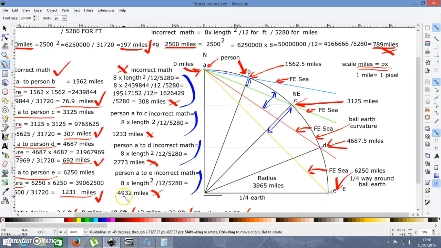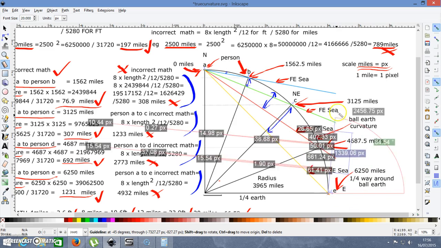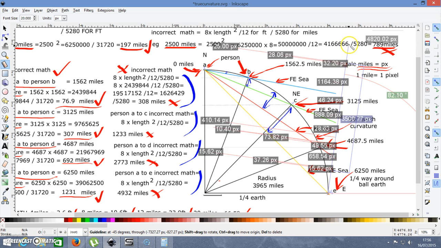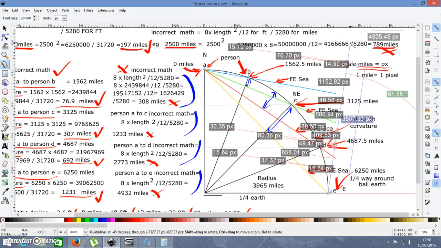Incorrect maths, 4,932. Well, if you measure it from here to where? Let's measure it up to here. 4,905. Yeah, that looks about right.